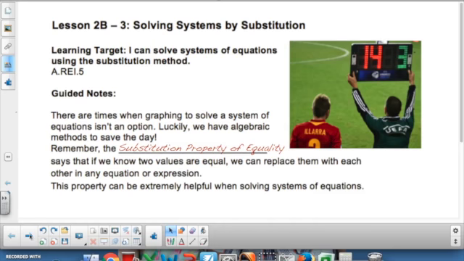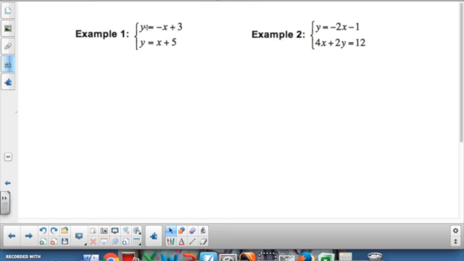So let's see how this is going to be used with solving a system. When I see something like this, basically I know that y is equal to negative x plus 3 in this equation. And the second equation, I know that y is equal to x plus 5. The thing about it is, if y is equal to this, then I can replace y with negative x plus 3 anywhere I want.